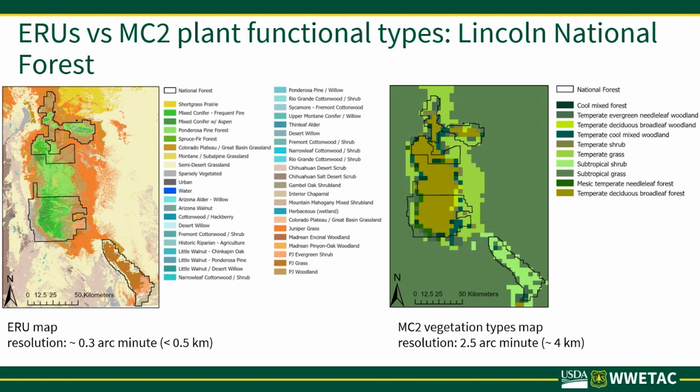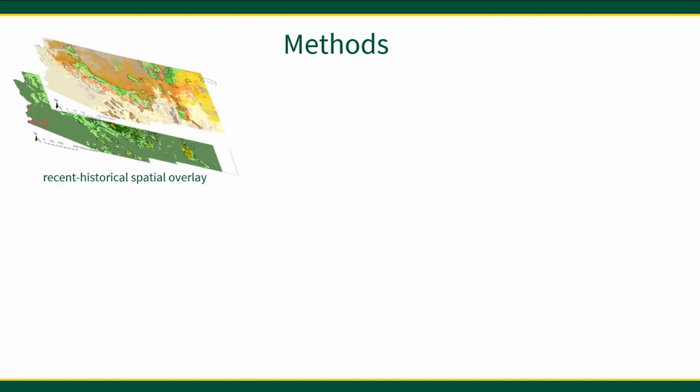So lots of detail there, high resolution, really good granularity for vegetation. On the right is output from MC2. For that same area, MC2 only resolves about 10 different plant functional types. So we do have a difference in resolution, in granularity for vegetation, and that does create a bit of difficulty in what we're trying to do.